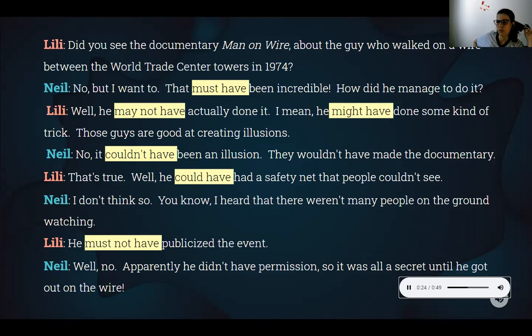No, it couldn't have been an illusion. They wouldn't have made the documentary. That's true. Well, he could have had a safety net that people couldn't see. I don't think so. You know, I heard that there weren't many people on the ground watching. He must not have publicized the event. Well, no. Apparently he didn't have permission, so it was all a secret until he got out on the wire.